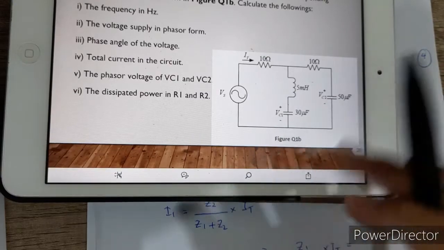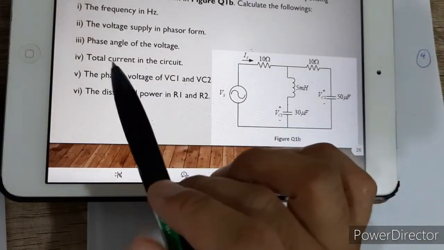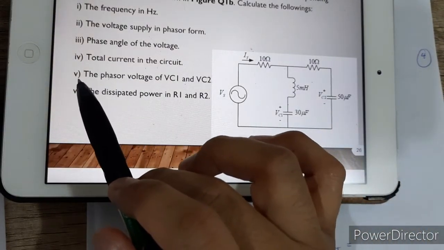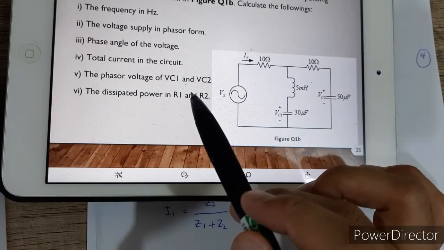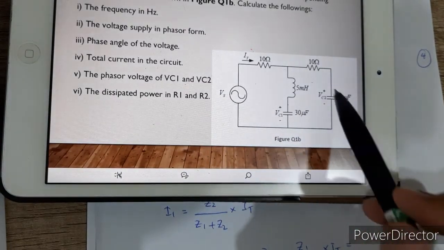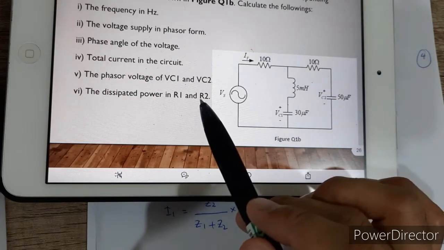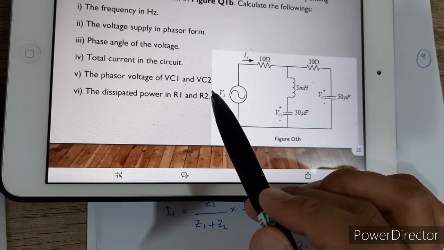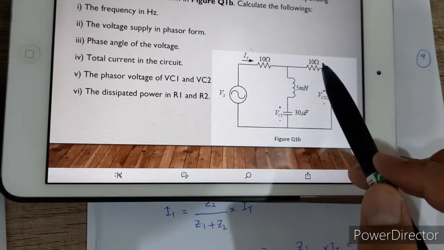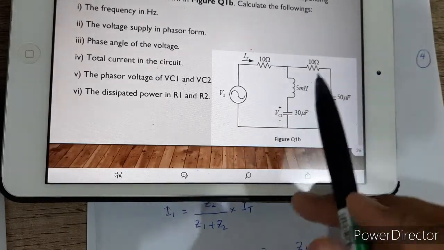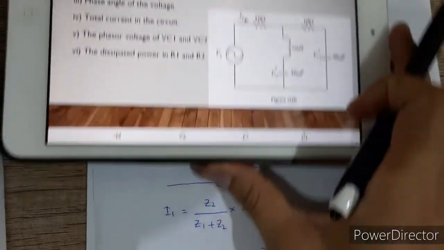It is convenient to solve question number 5 by using CDR, so that we can use the current to determine PR2, the power across R2, 10 ohm. So I will solve this question by using CDR.